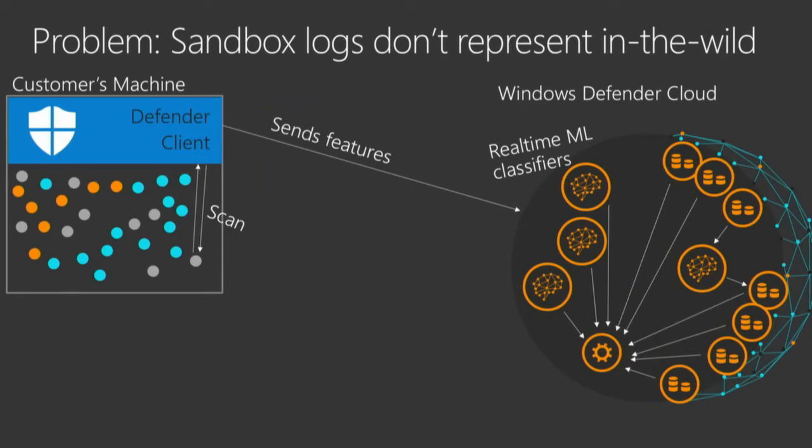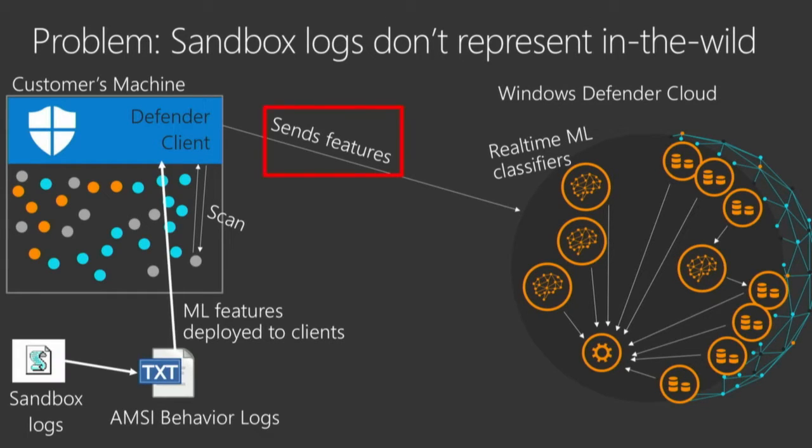OK, so the problem is that these sandbox logs don't actually represent the behavior of these scripts in the wild. There are a couple of reasons for this. First of all, our sandbox environment is sometimes detected by these malicious scripts, and they don't exhibit the same behavior they would in the wild. And another huge problem that we have is that enterprises use tons of custom scripts within their enterprises.